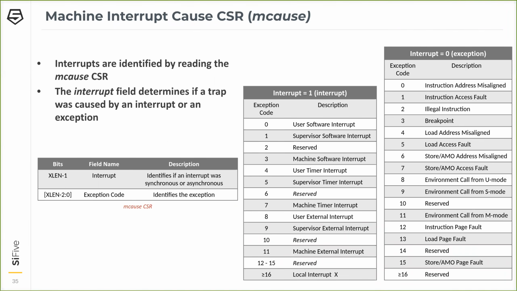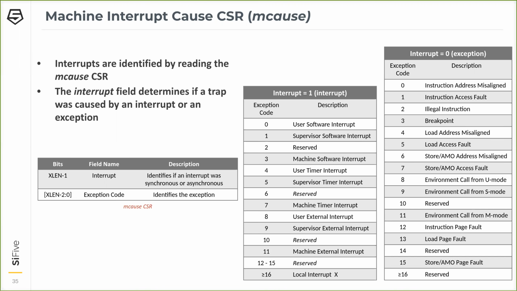When an interrupt does occur, one of the first things you'll want to do is read the machine cause register, or mcause, and this helps you identify what caused the exception. The most significant bit of this register encodes whether it was an interrupt or an exception, and then the least significant bits tell you what the resulting interrupt or exception was.